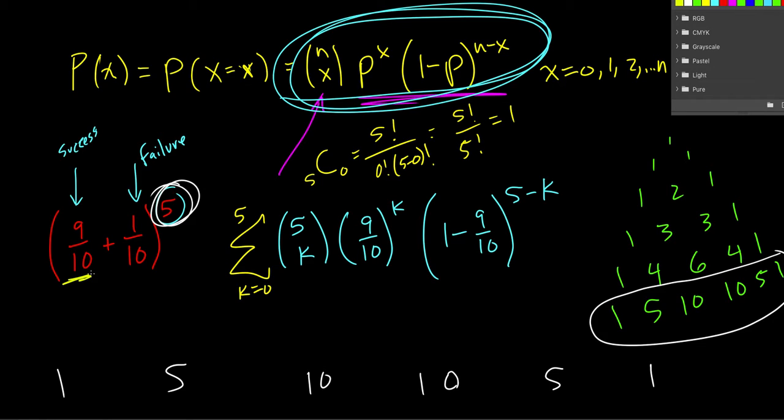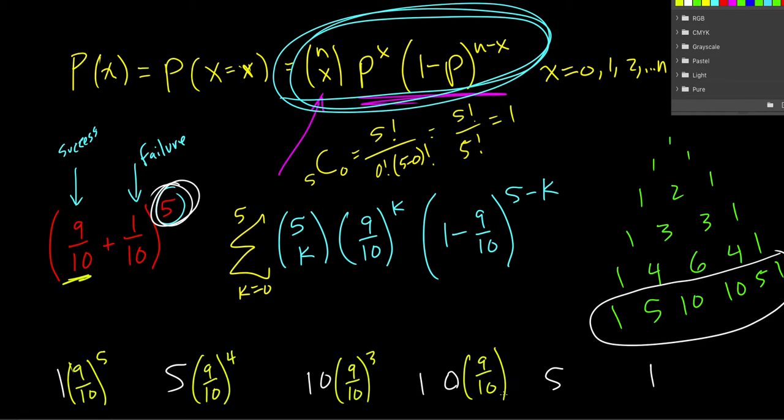Now I'm going to write out this starting at 5, 4, 3, 2, 1, and then not write it at all.